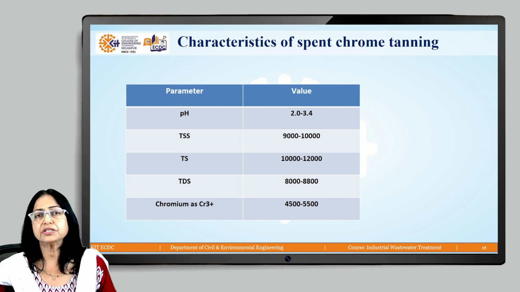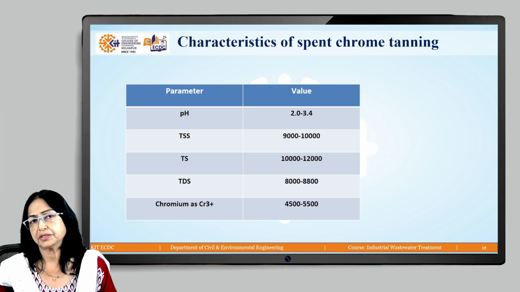If you look at the characteristics of spent chrome tanning, the pH is 2 to 3.4, acidic, and here TDS 8,000 to 8,800, and chromium salt 4,500 to 5,500, which is carcinogenic in nature. So here the problem is the use of a hazardous, carcinogenic chemical, chromium.